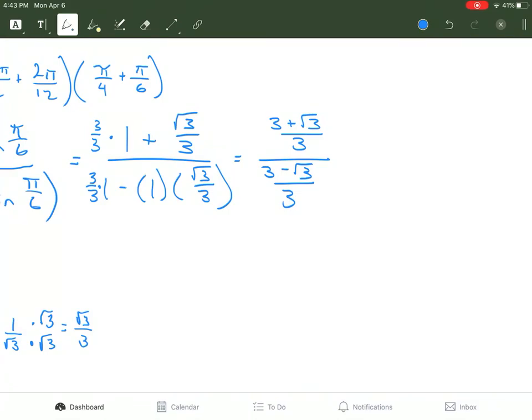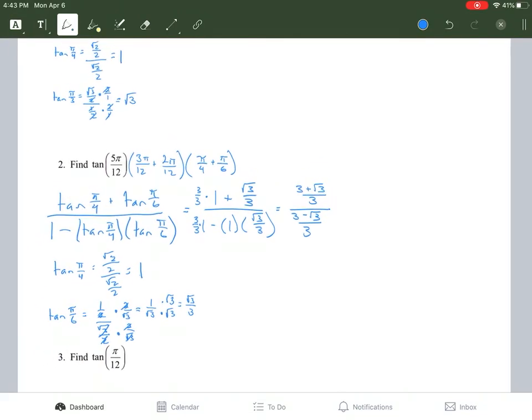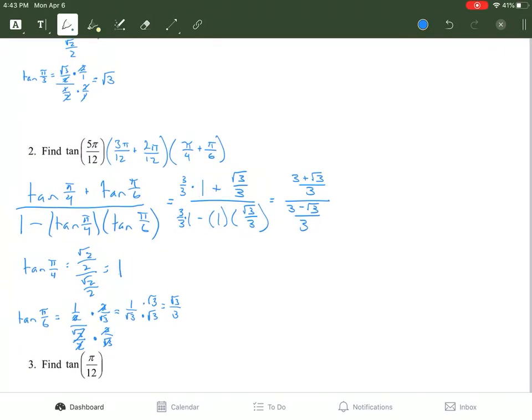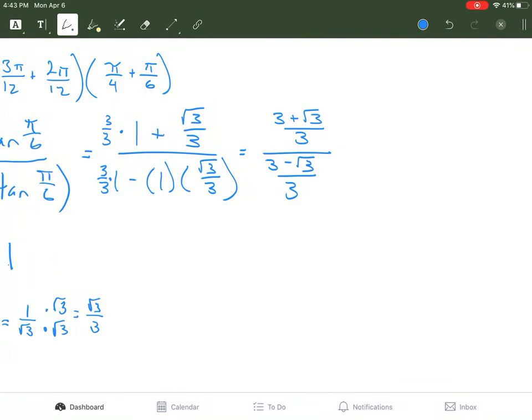Okay, now, just like we did for the tangent of pi over 3 and the tangent of pi over 6, we found a complex fraction. That's what we have right here in our next step. We have a complex fraction. So we're going to multiply by the reciprocal of the bottom fraction to the top.